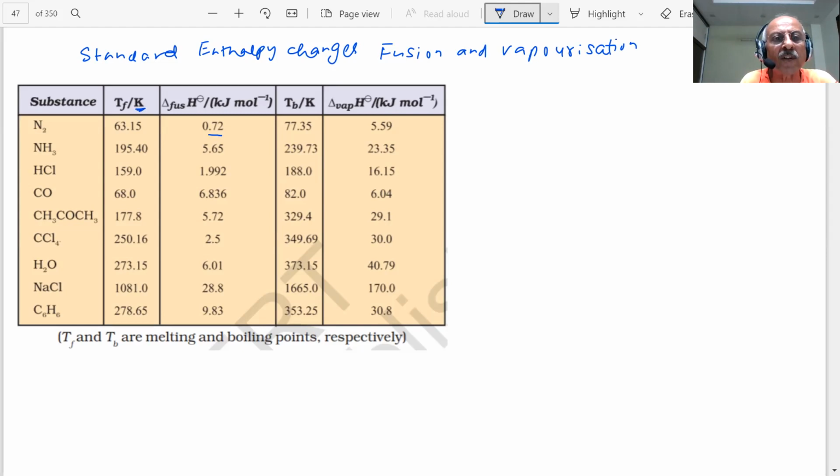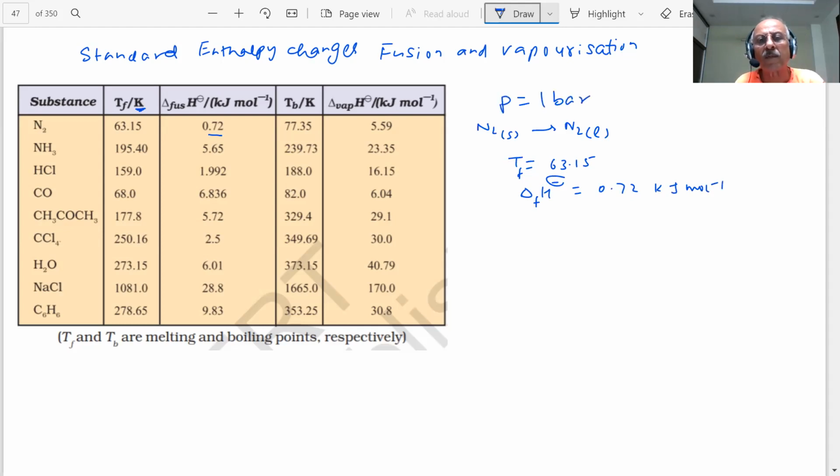If you convert solid nitrogen into liquid nitrogen at the fusion temperature 63.15, the standard enthalpy of fusion at 1 bar pressure is 0.72 kilojoules per mole.